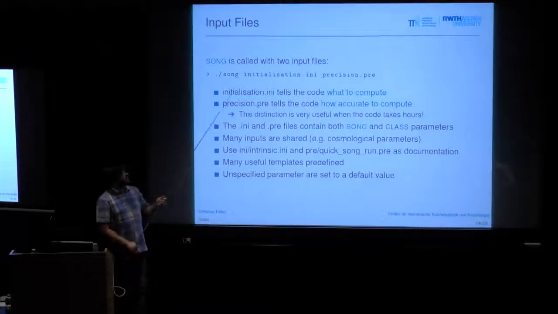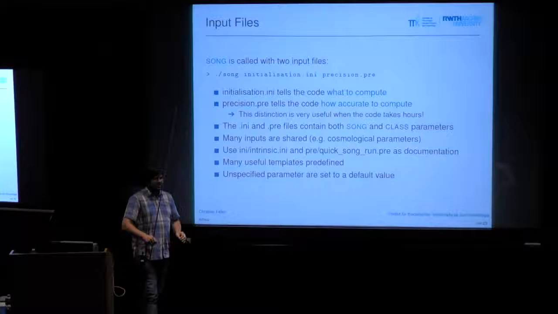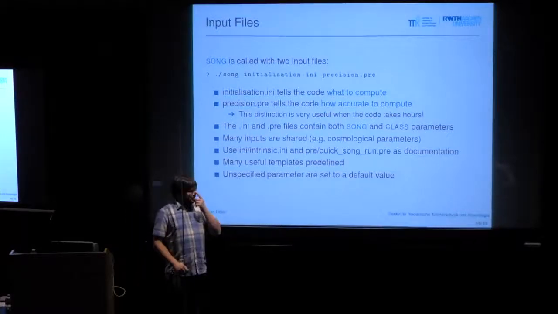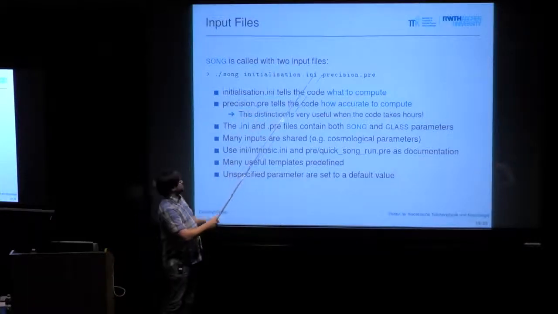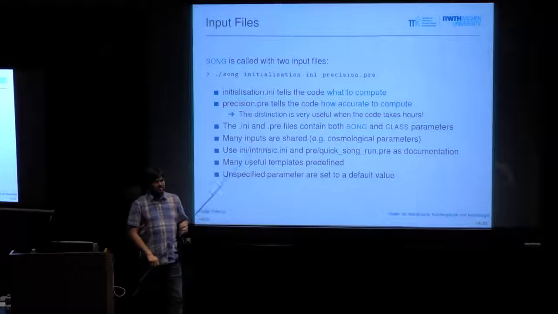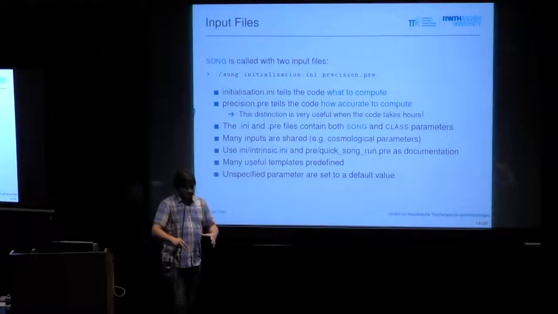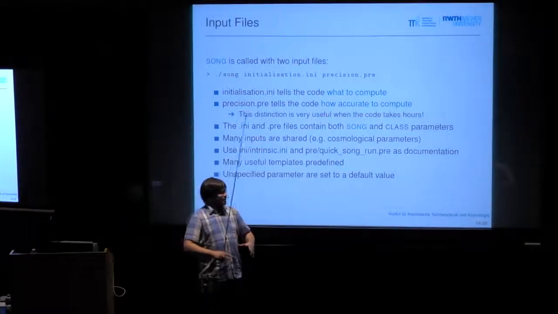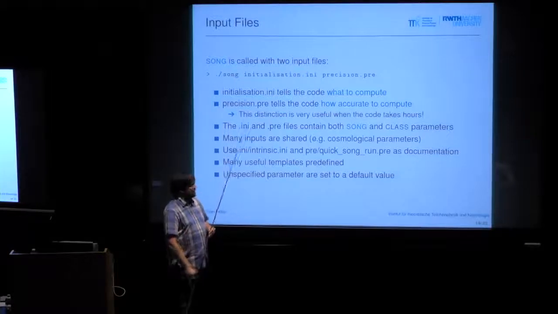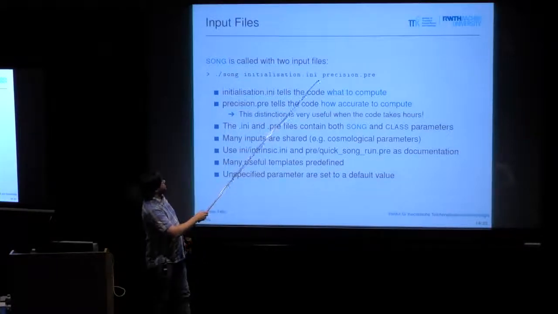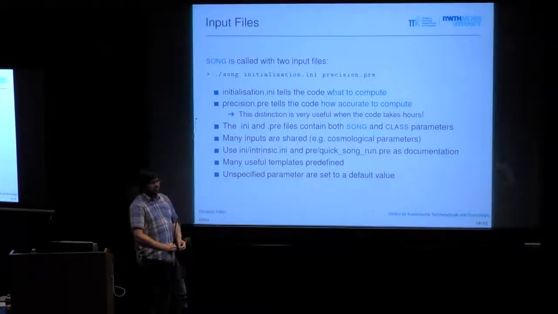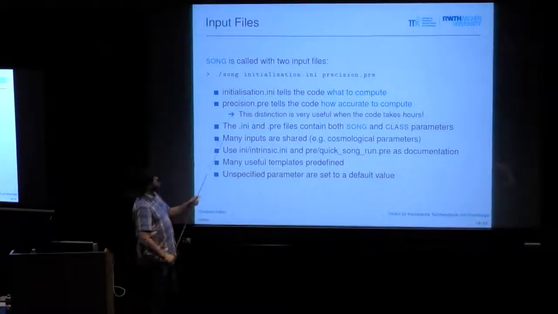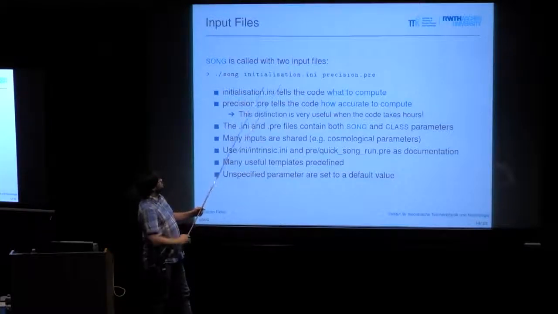But I think it is more important to separate these in song than it is in class, because the runs just take very long. And it is often such that you need to really tune the precision parameters, because you have a limited time available to do your computations. And so you will typically modify this precision file a lot until you find converged settings that do not take too much time, while you will typically not change your initialization file.